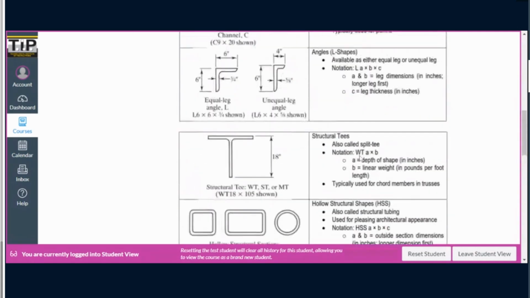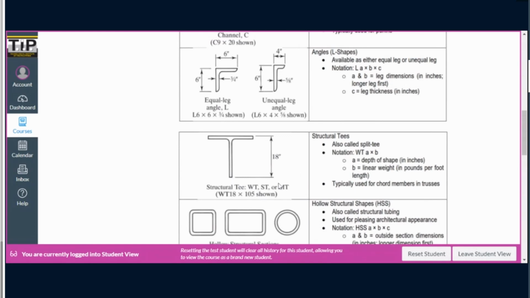If we say WT, it means it comes from a wide flange section. If we say ST, it comes from the American Standard Beam section. For MT, it means that it comes from the miscellaneous I shapes.